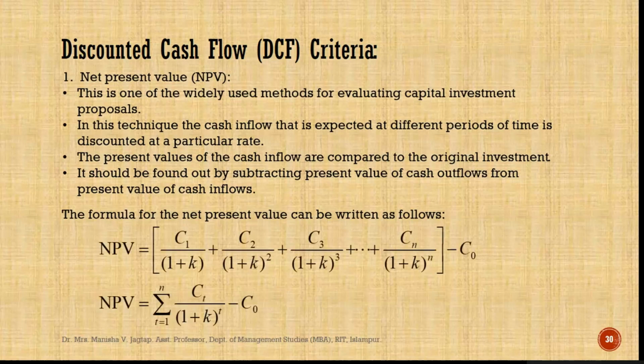So this is the formula used for calculating net present value. Now in square bracket you can see C1 divided by (1 plus K) plus C2 divided by (1 plus K) square. So like this we will calculate the present value of cash inflow, minus CO.